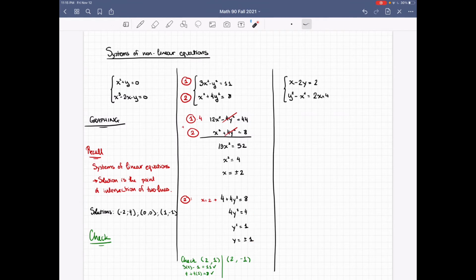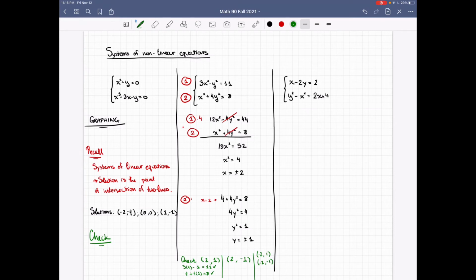I'm going to have y squared is equal to 1, so y is either positive or negative 1. So this tells me I have two more solutions, (negative 2, positive 1) and (negative 2, negative 1). So this is an example of a nonlinear system that actually has 4 solutions. I think I might have said linear systems, I meant nonlinear system.